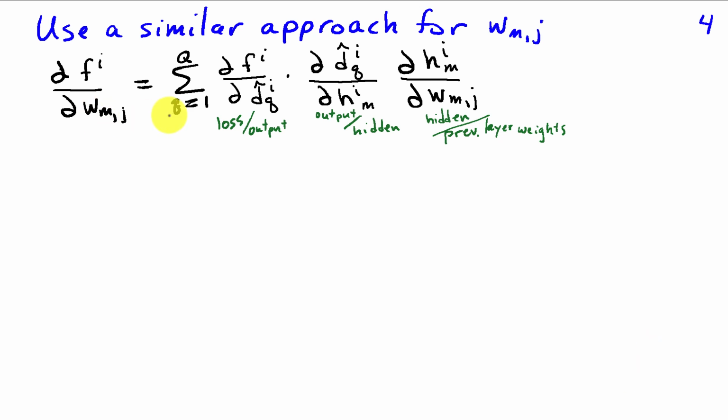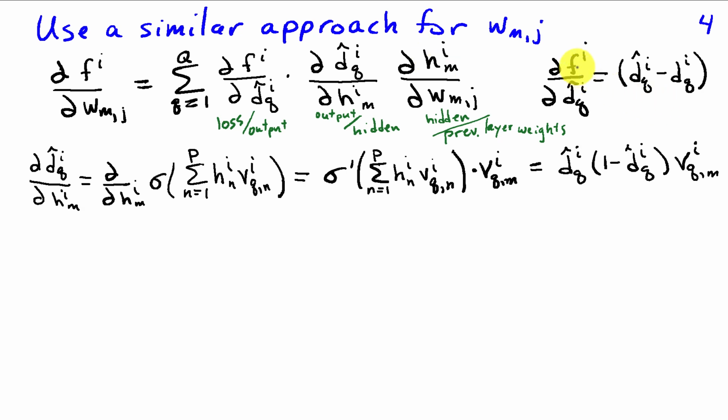So in this case, we're going to sum over the labels and the outputs. We take the derivative of the loss with respect to the output values, and we're going to take the partial derivative of the output values with respect to the hidden node values, and then we're going to take the derivative of the hidden node values with respect to the weights that feed that hidden layer's nodes.